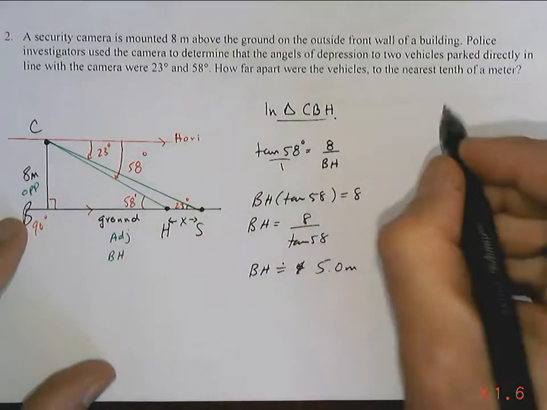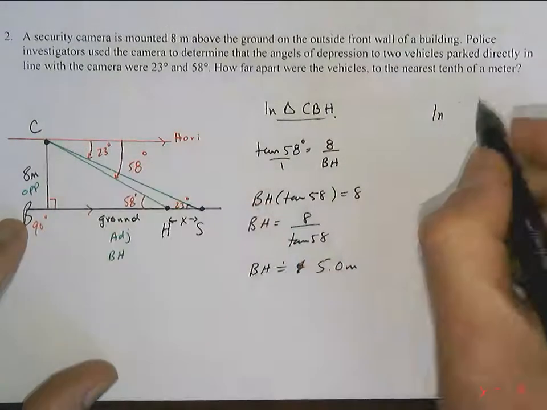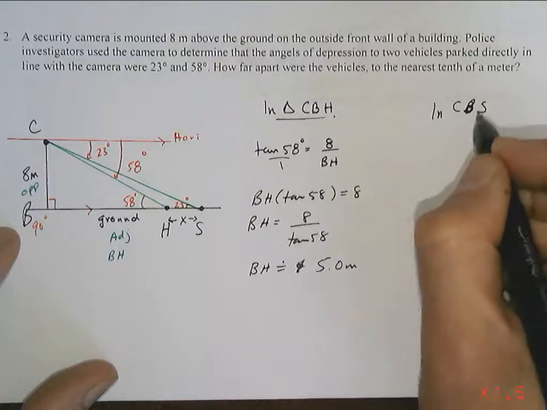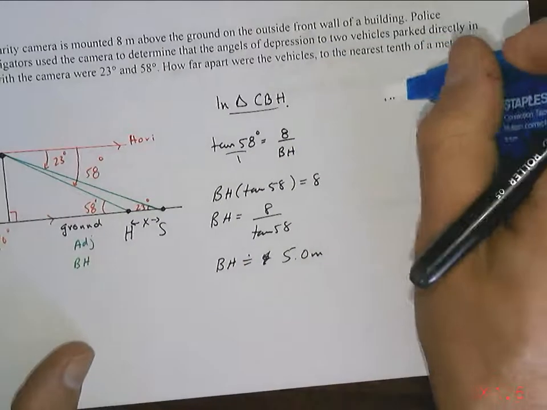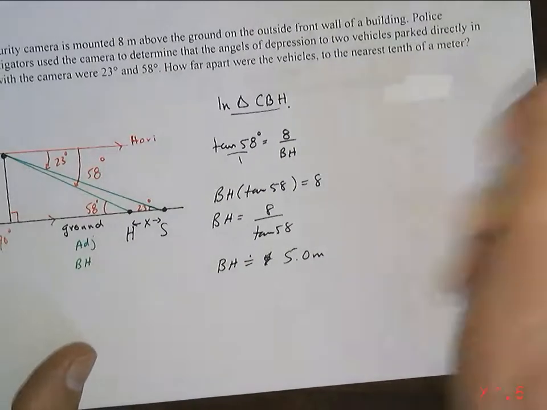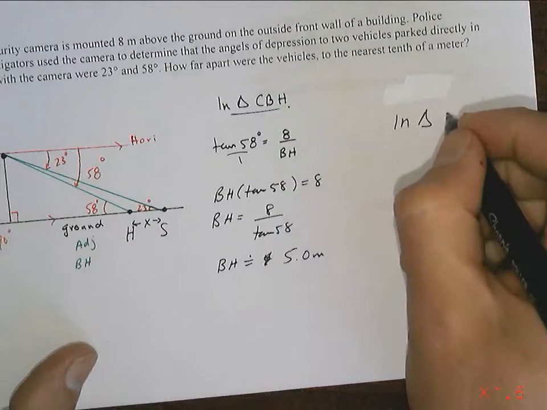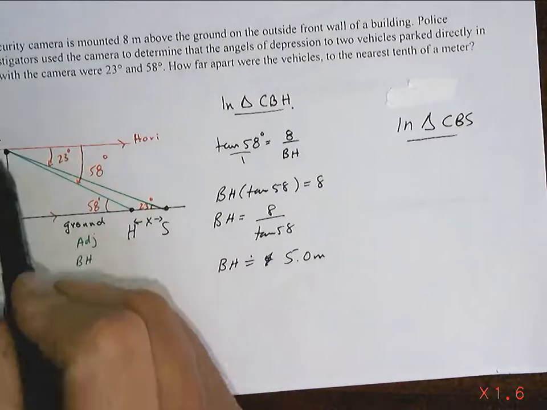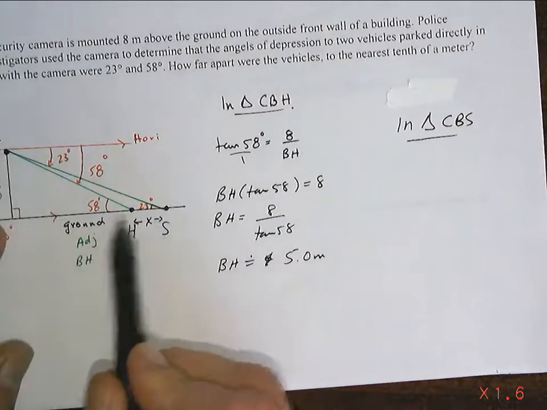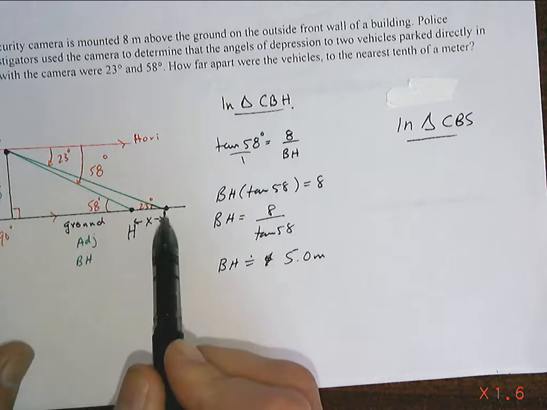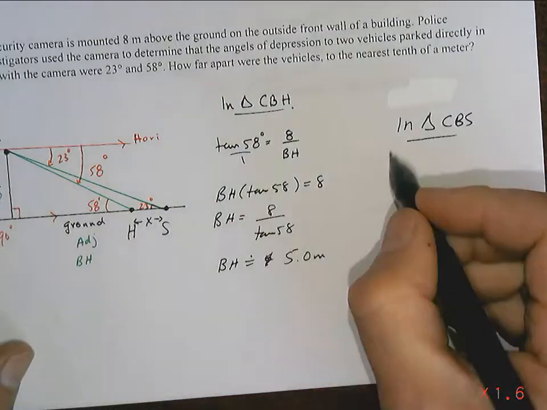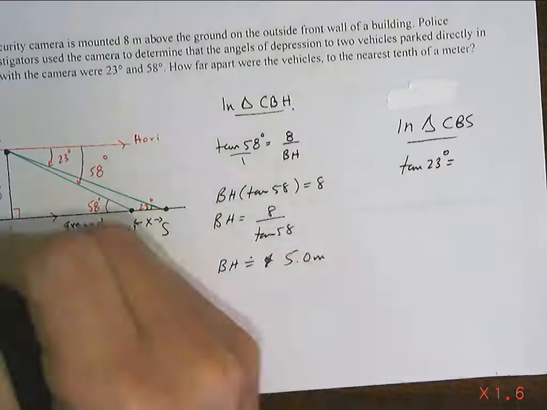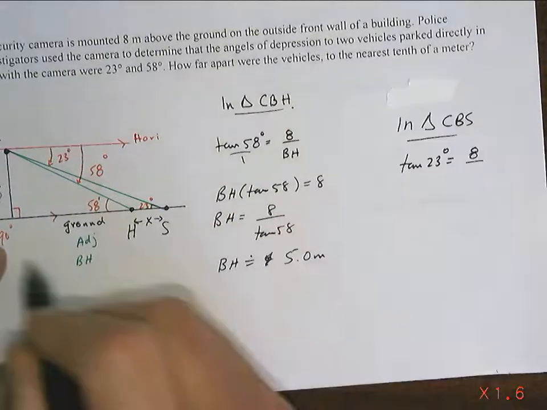Now, if I move into a different triangle, if I look at triangle CBS, that's a really bad B. And I didn't even put the triangle symbol there. Wow, that's bad. In triangle CBS, so I'm going to look at this side, which is 8. I'm going to look at this entire distance, though, from B to S now, and I've got an angle. So I know that it's going to be tan of 23 degrees will equal the opposite over BS this time.